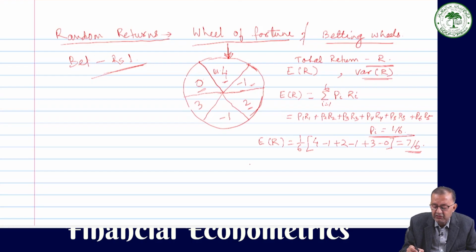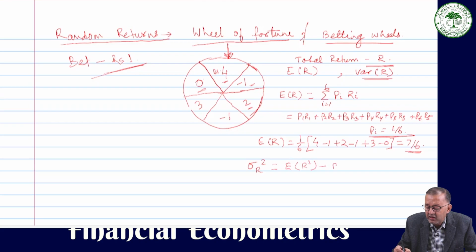We try to calculate this variance of R square. The variance of R square is equal to expected value of R square minus R bar square.